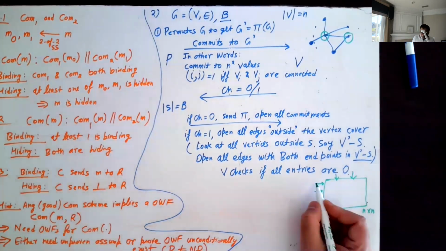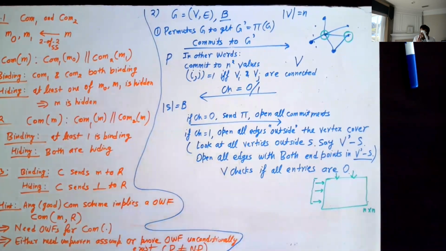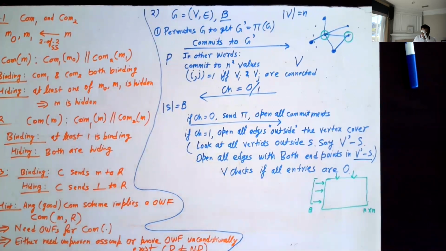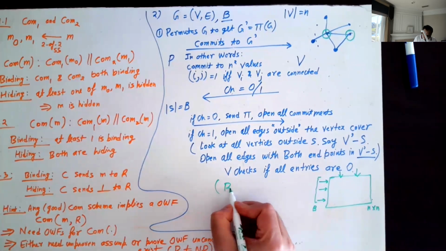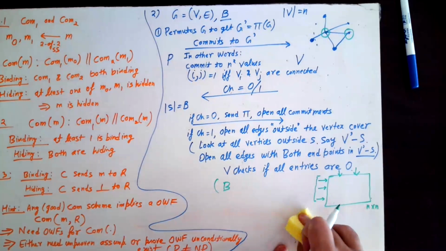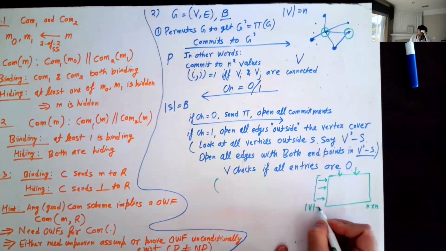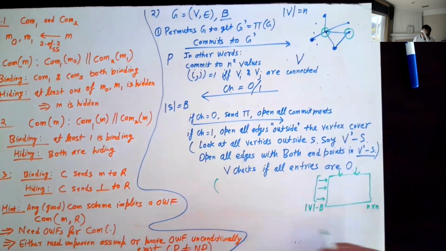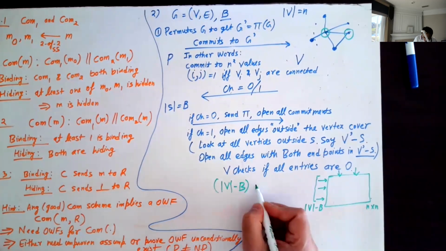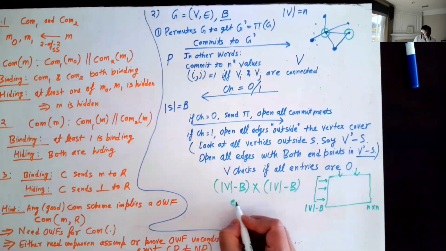And here, the number of rows which are revealed should be at least, not B, n minus B. Yeah, size of V minus B, and you need to reveal size of V minus B times size of V minus B entries.